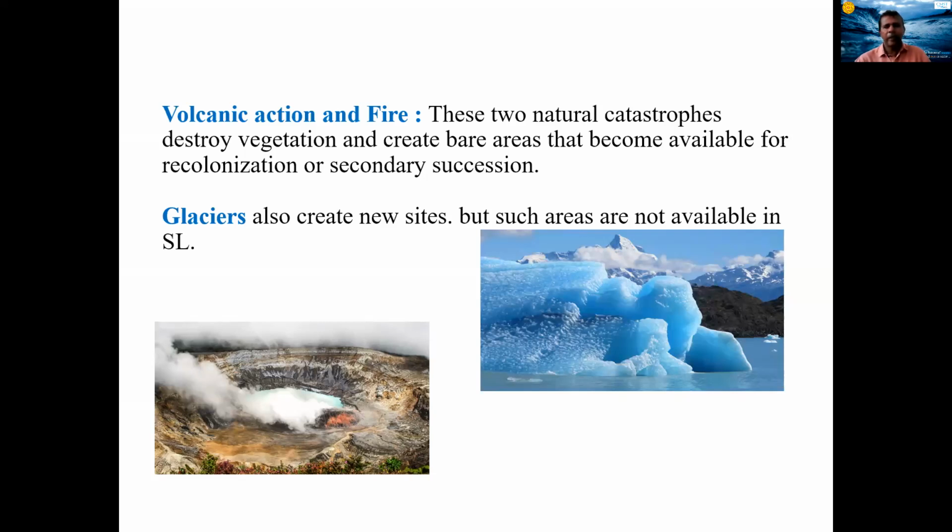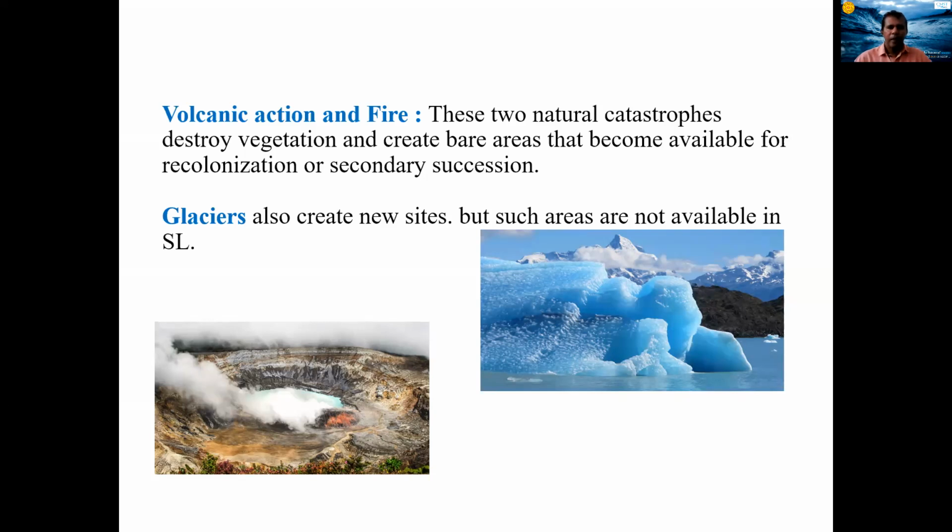There was no Hawaii island some time back, but it was a volcanic island. Hawaii island actually erupted through volcanic activity, and you see now it's one of the beautiful islands in the world, and all the community succession has taken place after this volcanic eruption. Right? Even in Hawaii island, it is still building.